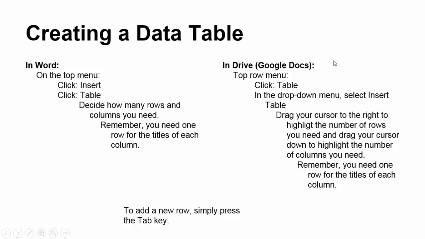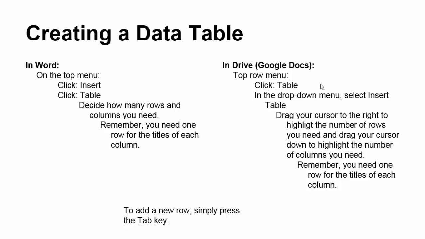Now, if you're using Drive or Google Docs, there's a top row menu. You're going to click on Table. That's going to provide you with a little drop down menu, and you're going to select Insert Table. You're then going to drag your cursor to the right to highlight rows crossways, and then you can drag your cursor down vertically to highlight the number of columns. If you drag your cursor kind of diagonal down, it's going to highlight the rows and columns together.